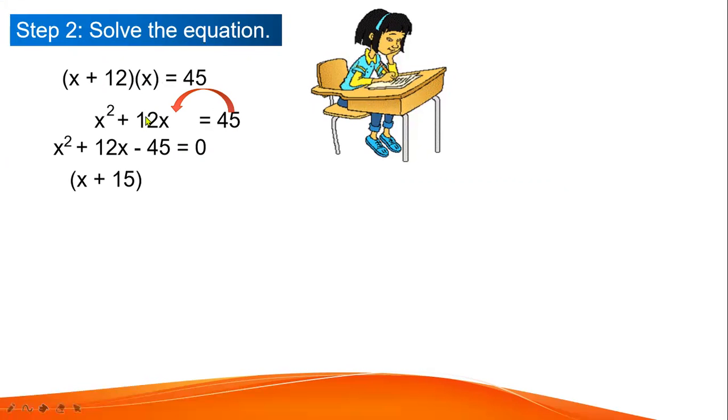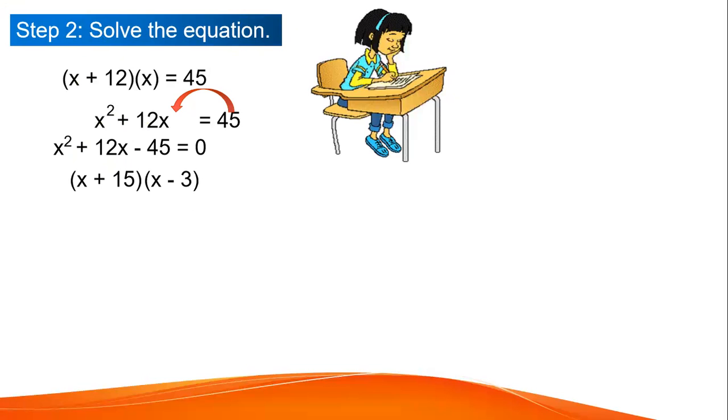Then after that, factor. If you still remember the simple quadratic trinomial, the last term is negative 45. We look for two factors of negative 45 whose sum will be positive 12, okay?